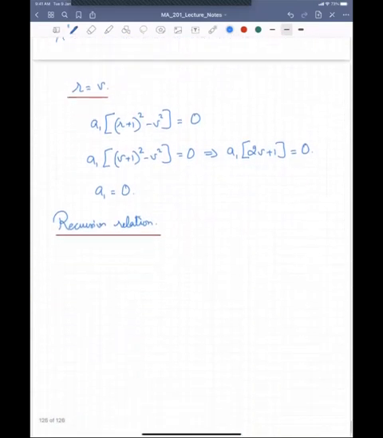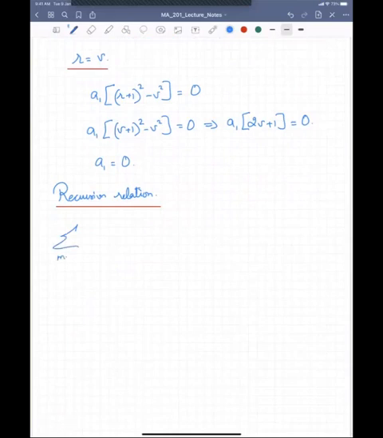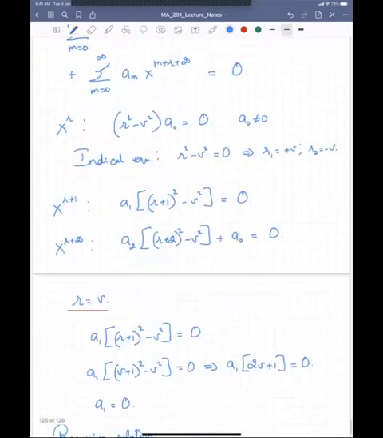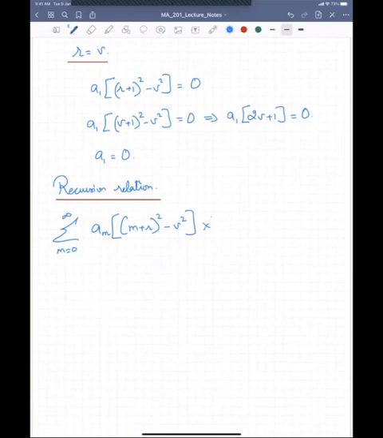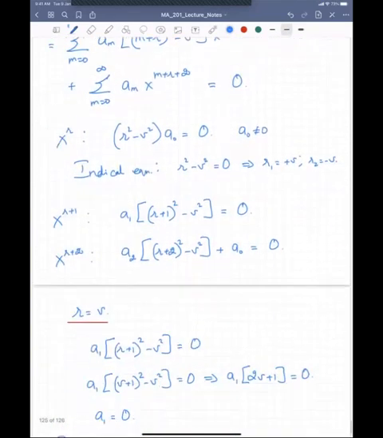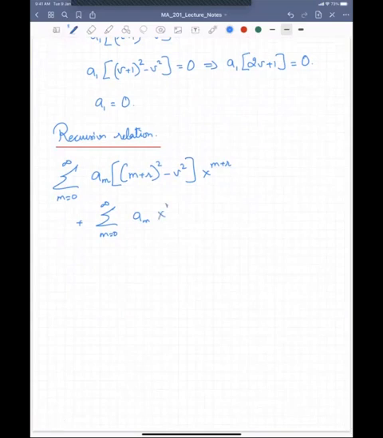Let me rewrite this equation. So sum over m equals 0 to infinity a_m times (m plus r) squared minus nu squared x to the m plus r, plus a_m x to the m plus r plus 2 equals 0.